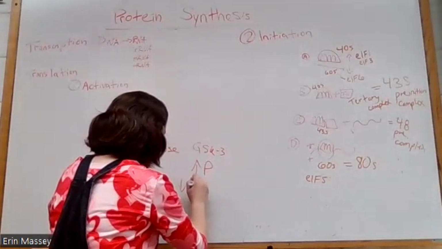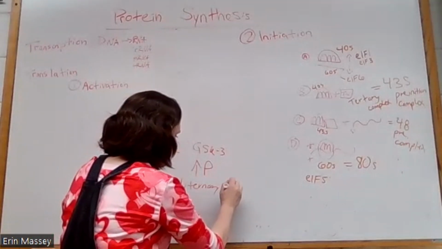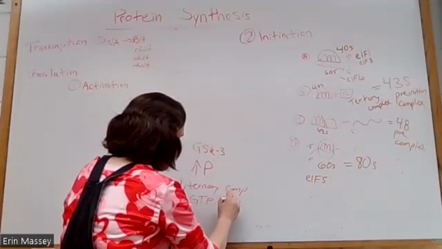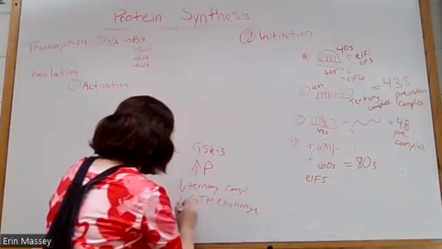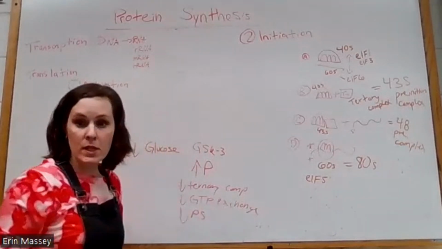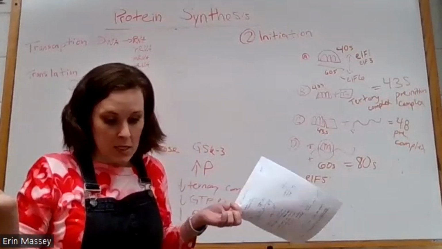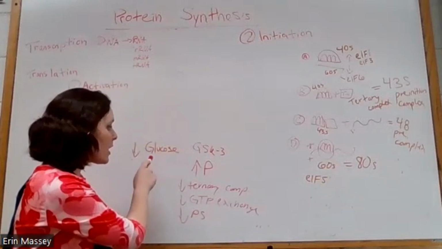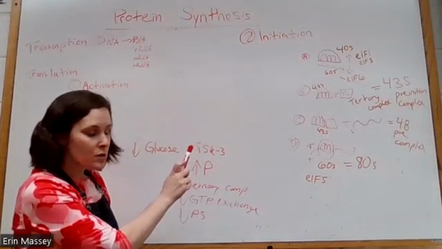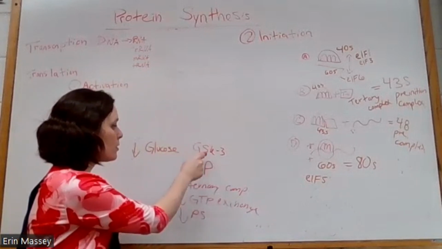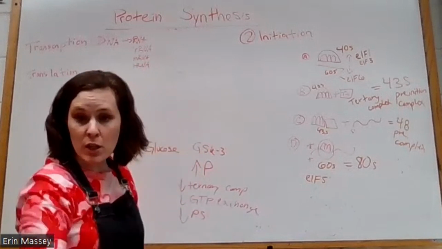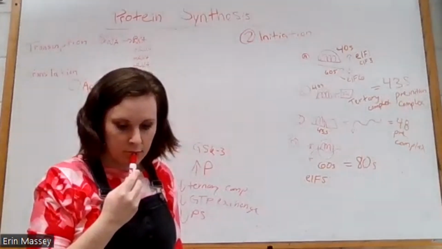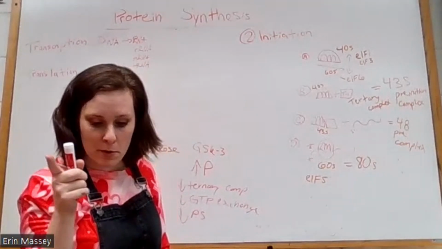So that means no ternary complex, GDP exchange, which is going to decrease protein synthesis and decrease overall translation. So if you don't have glucose, which means your enzyme is saying, make more glycogen, stop synthesizing glycogen, you're not going to synthesize proteins.